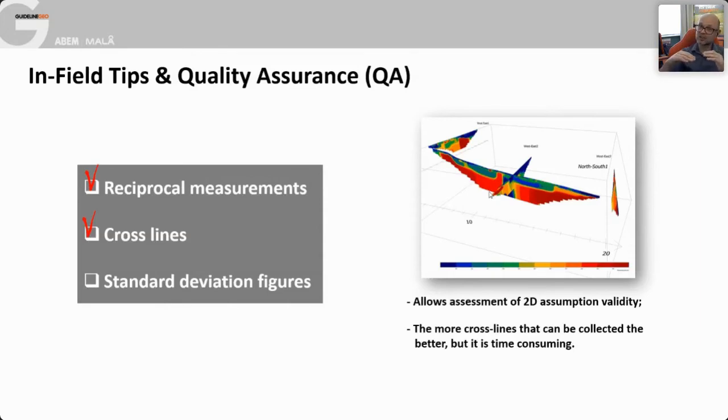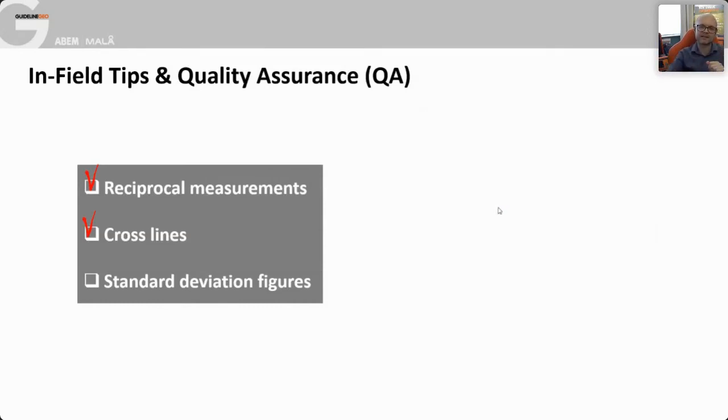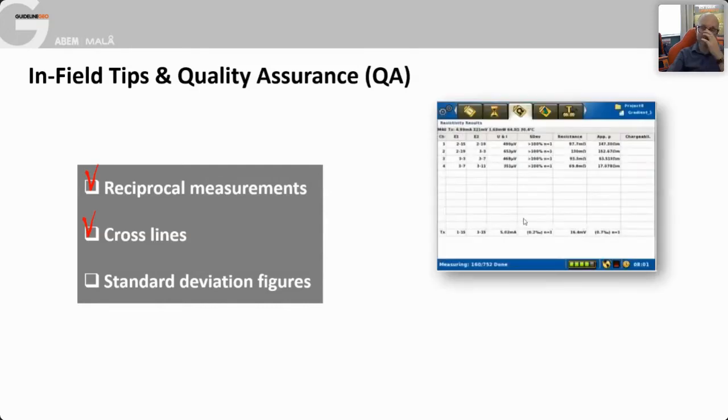If there's a big change in either the depth to a particular layer or the absolute resistivity value, then that tells you that something is happening off the line of electrodes that is impacting the resistivity values. And then, as we discussed before, the really easy one is just to keep an eye on these standard deviation values.